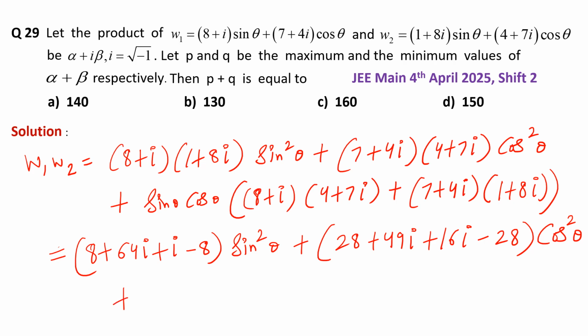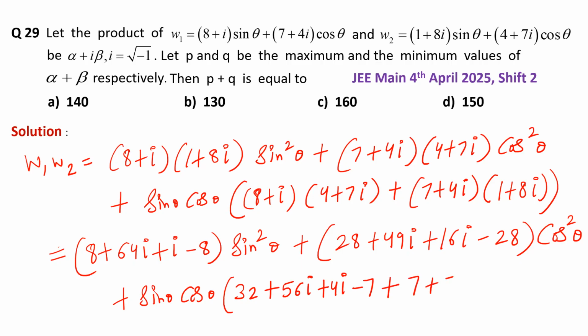and then we have plus sin θ cos θ into, inside the bracket, (32 + 56i + 4i + 7i², which is just minus 7), and then we have (7 + 56i + 4i + 32i², which is minus 32).